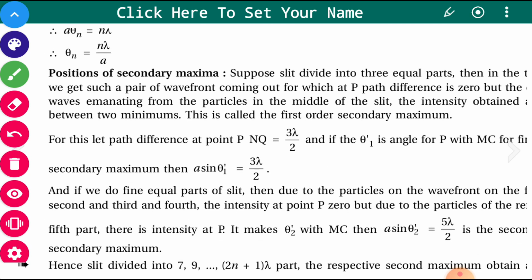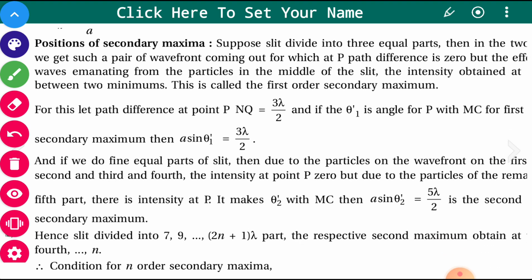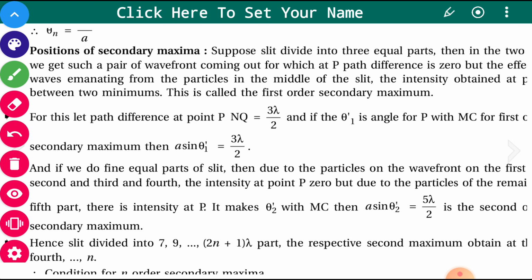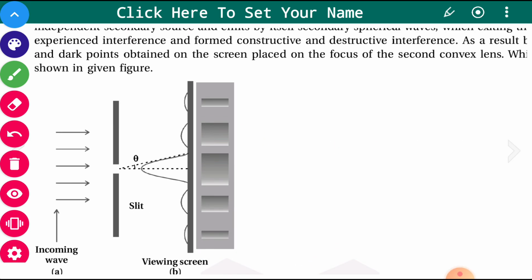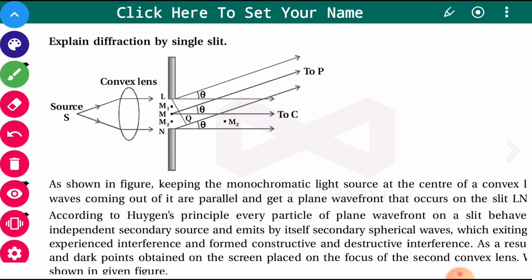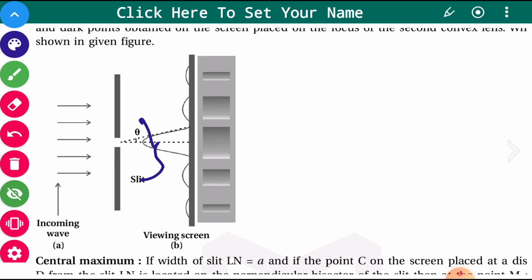Now for maxima, the next point is taken. For example, say this is a minimum, now this becomes a maximum again.